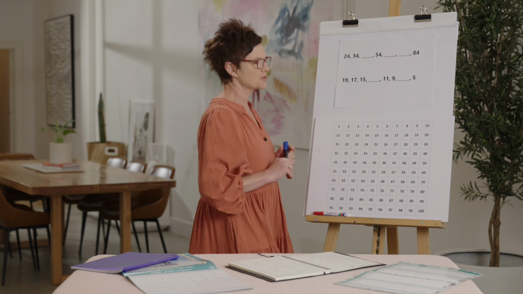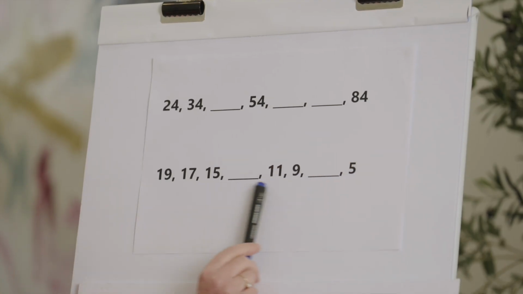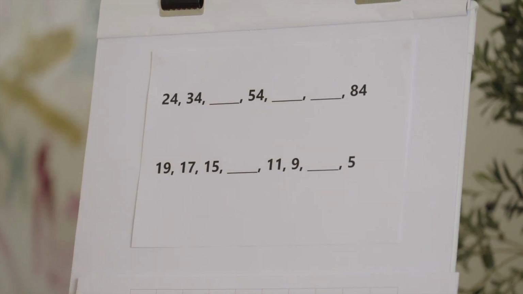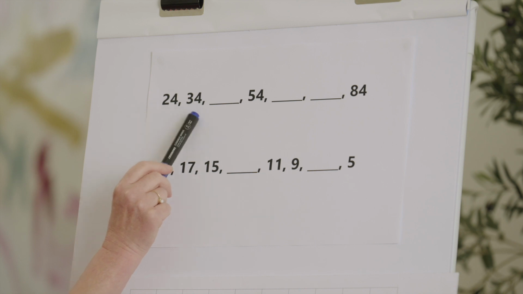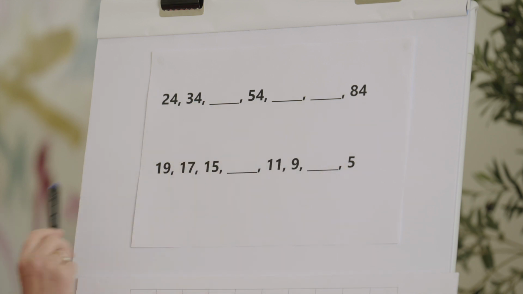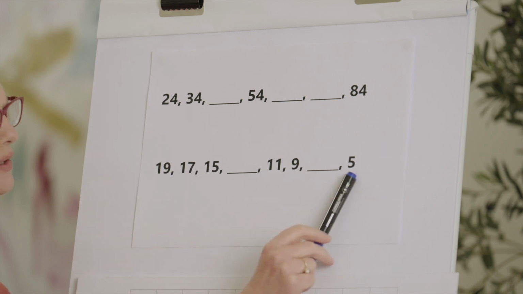Interesting number talk today because we have a number line with some numbers and some mysterious missing numbers. So we're looking for a pattern. I'm going to ask you to look at these and see if you can find the pattern before we solve this together. So we've got 24, 34, and we've got 19, 17, 15.